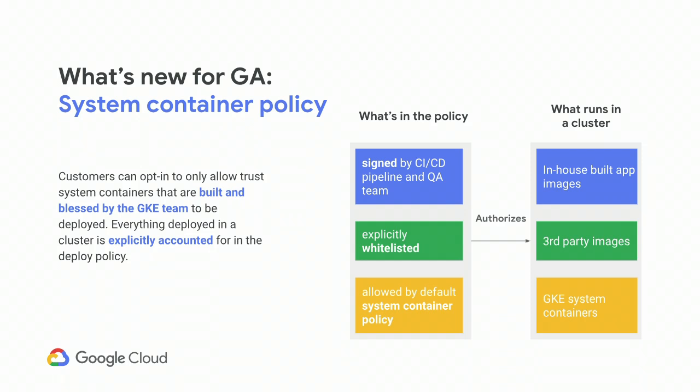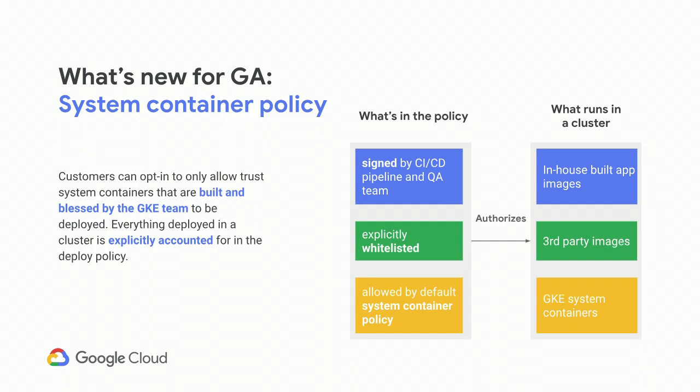And that we're able to verify that signature for you at deploy time using this global system container policy if you opt in. So with this, on top of your existing customer-defined policy and third-party image whitelisting, you will have your entire cluster workload accounted for.